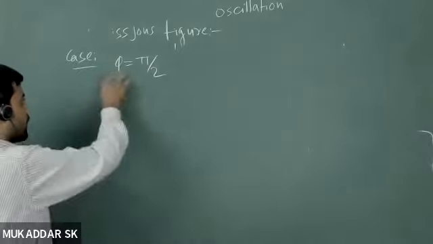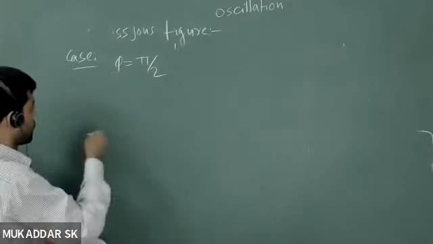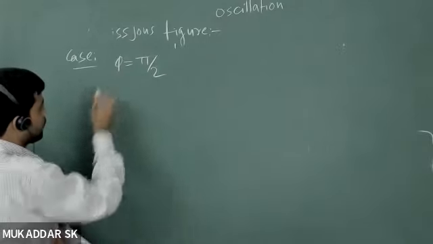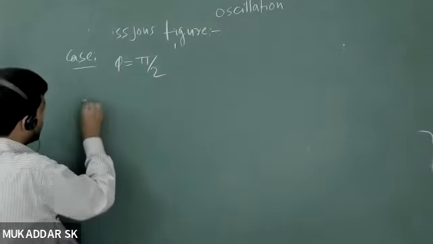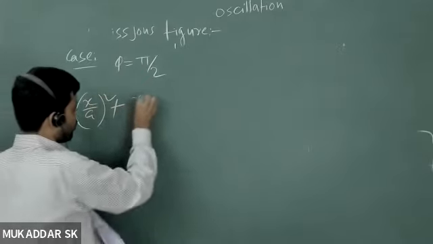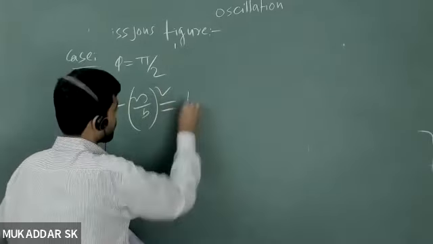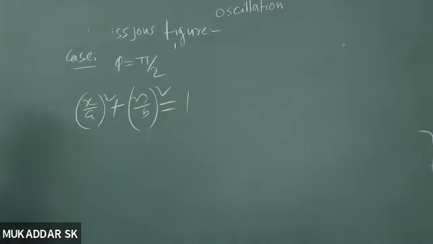These things you can get from your equation. Ellipse. So if you substitute phi equals pi by 2, then you will get (x by a) whole square plus (y by b) whole square, that should be equal to 1.